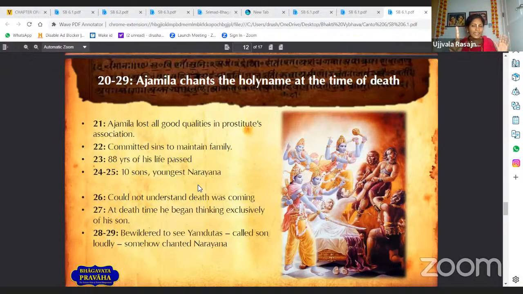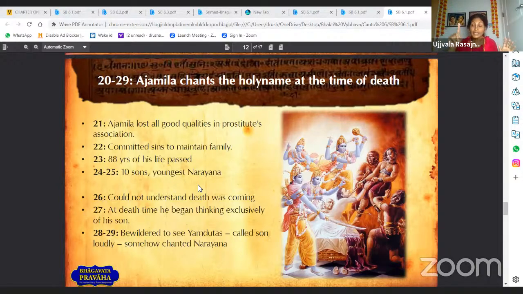That desperate thing is the quality we call desperation. Yearning of the soul is desperation. So this quality, when it arises in the soul, desperation, yearning, that's one quality that has happened in Ajamila.